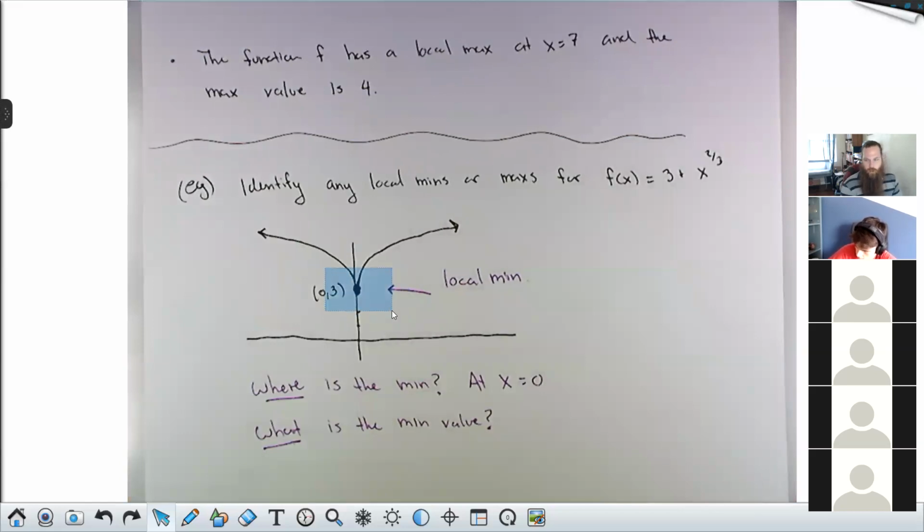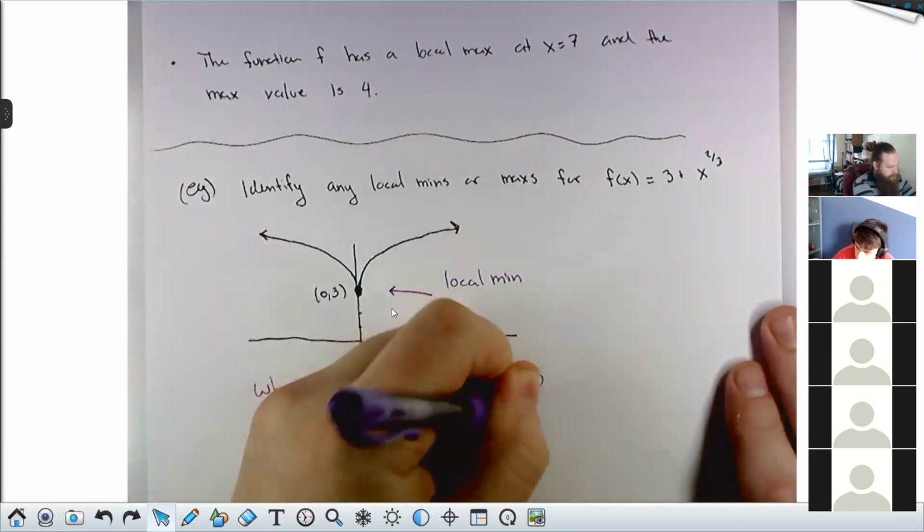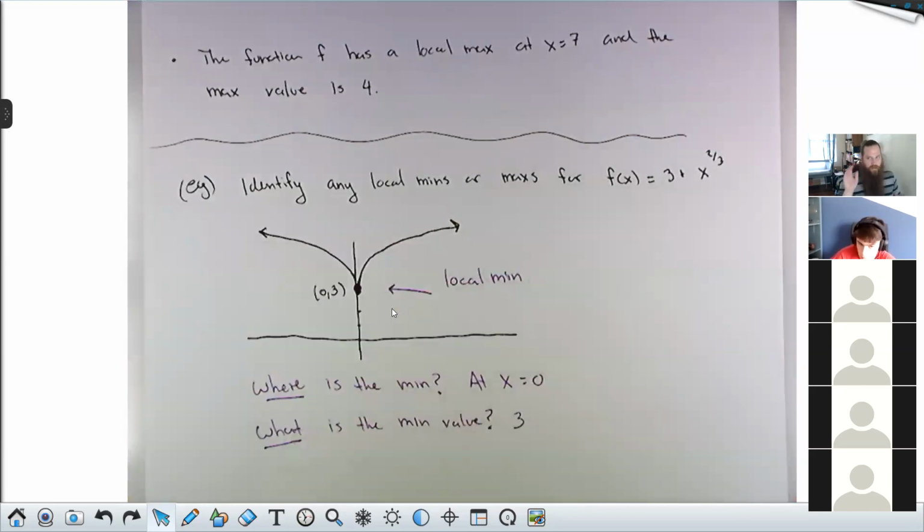Because if I draw a little window around that point, that is the lowest part of the graph there. Where in that window does the graph go below that point? What is the min value? 3. Very good, yeah. We could say it's just 3. Or if you wanted to, you could say it's f of 0, which is equal to 3.